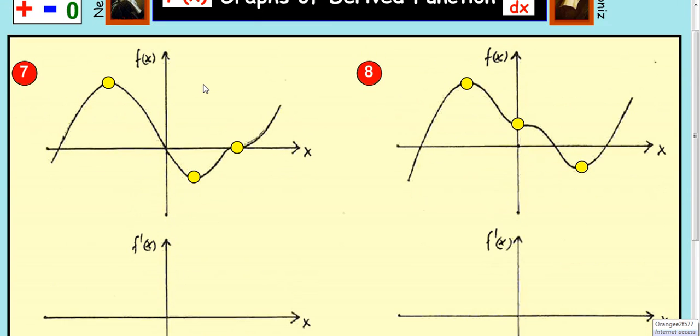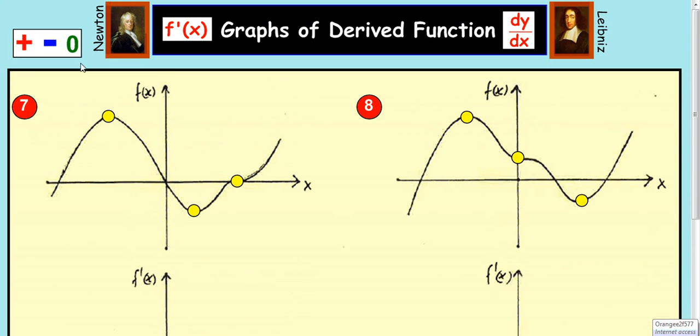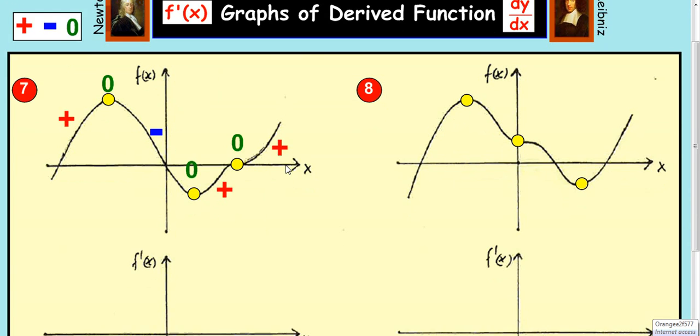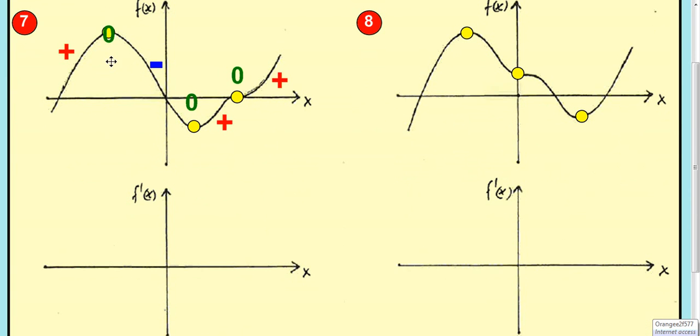Okay, final 2 examples. Mark in your zeros. This line here is positive. From here to here is negative. From here to here is positive. And here to here is positive. So mark your stationary points on the x-axis again.